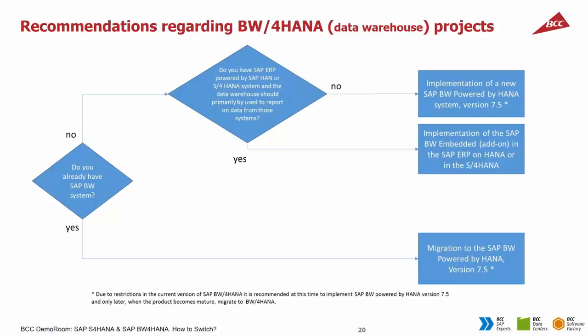So it's possible when everything is on SAP HANA platform, then SAP says that the BW system can be on the same server as the ERP system. It doesn't have to be a separate server.